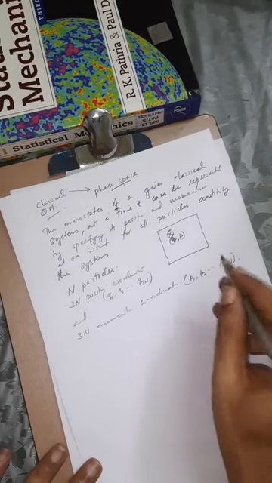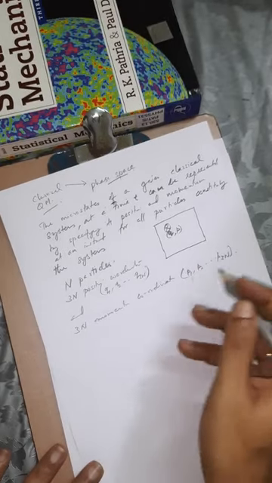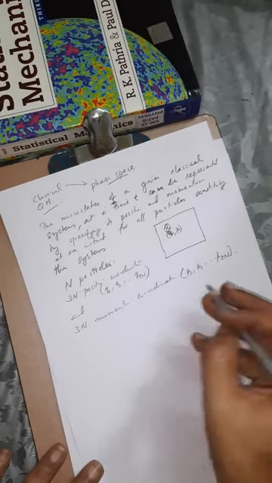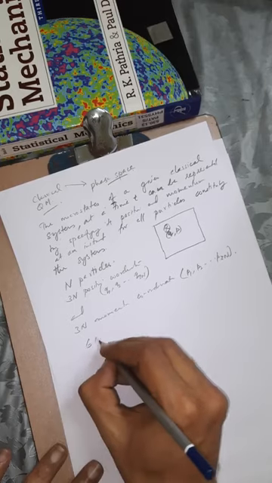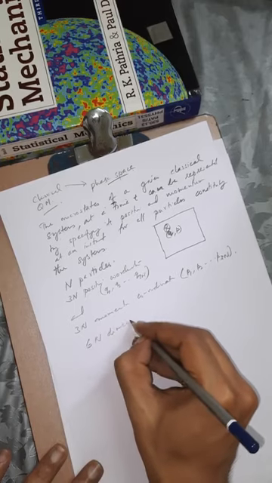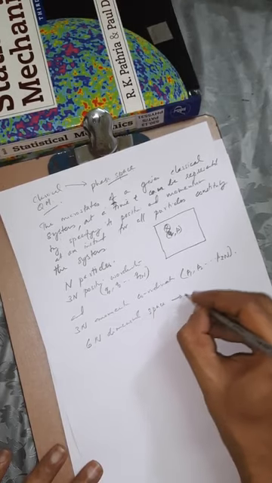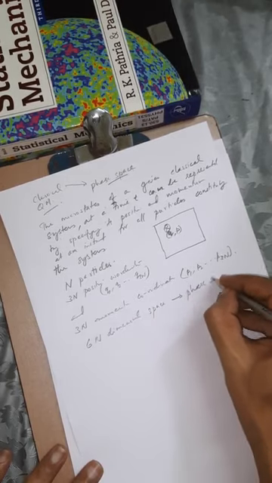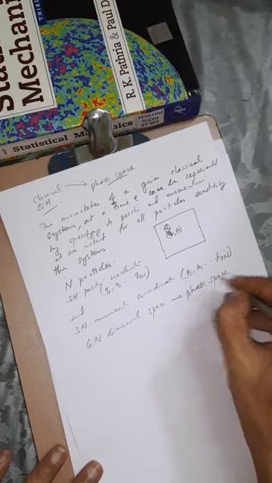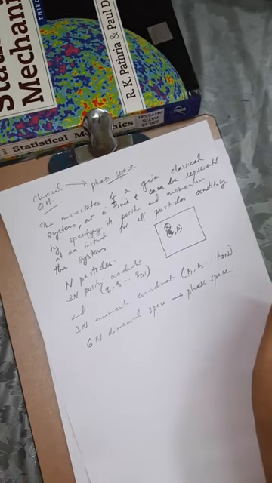So in total, like in your concept of phase space, here also we have a 6n dimensional space, which we call the phase space.